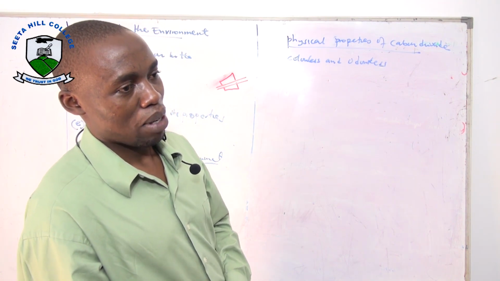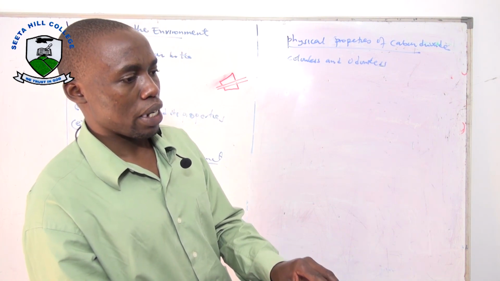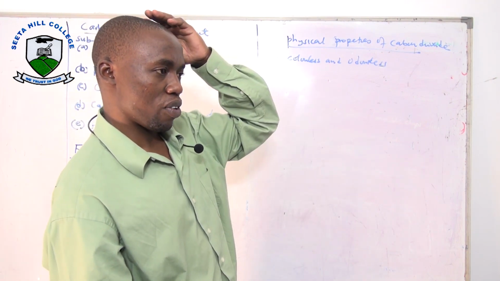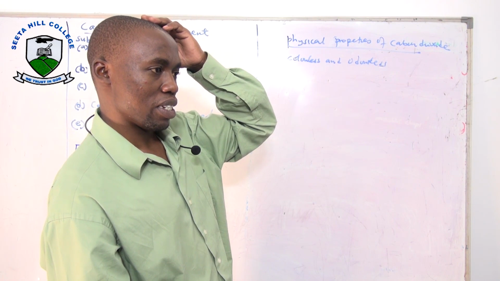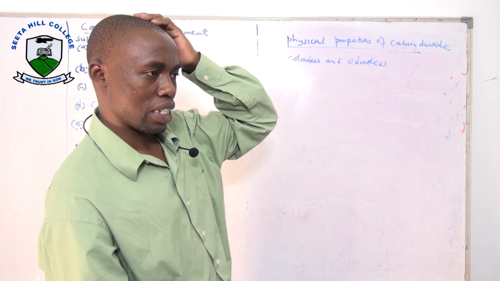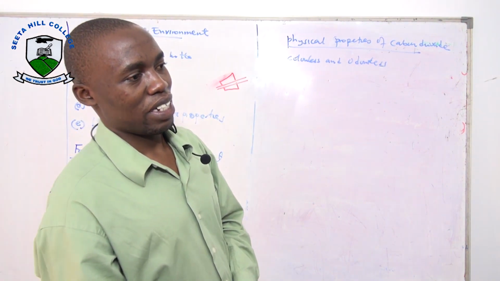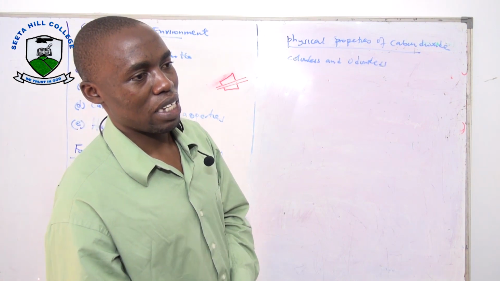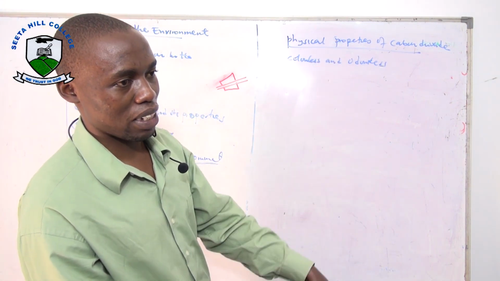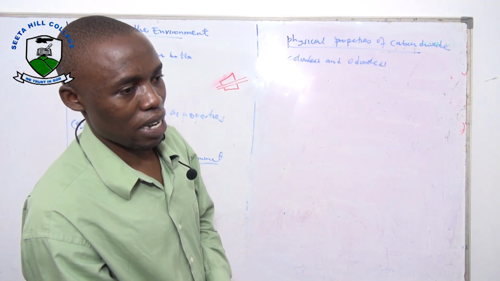But let me ask you, can you carry a heavy jerry can on the head and sit with it for the whole day? Why can't you sit with a jerry can of water on the head? Because the longer it stays there, the heavier it becomes. That means something that is heavier than air cannot stay up in the air, but it stays down. We say carbon dioxide is denser than air.